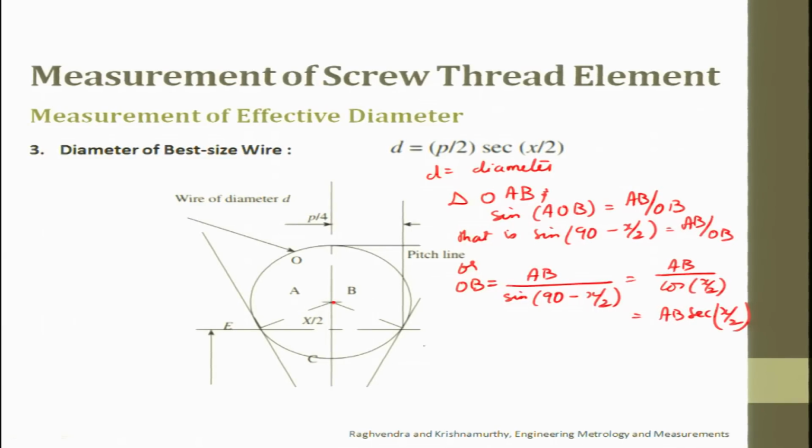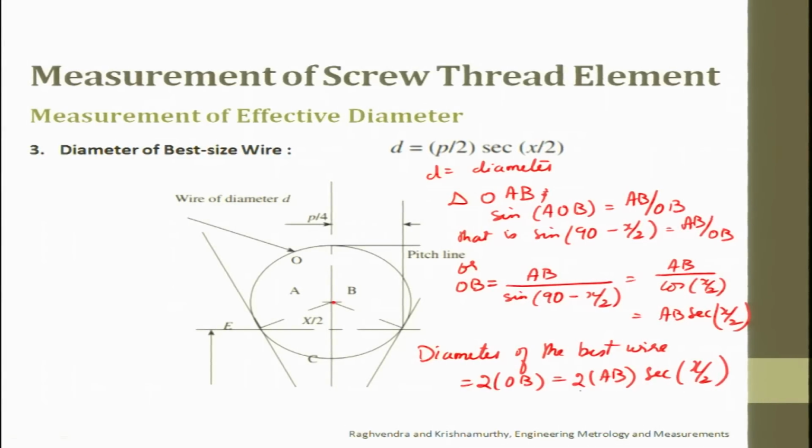So, the diameter of the best wire is equal to 2 times OB, that is 2 times AB secant x by 2.